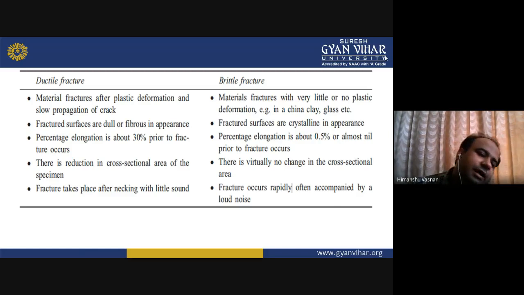Then in ductile fracture, the fracture takes place after necking with little sound. Whereas in brittle fracture, the fracture occurs rapidly, often accompanied by a loud noise.